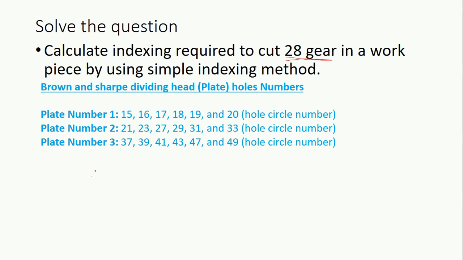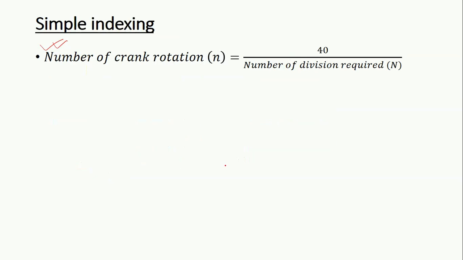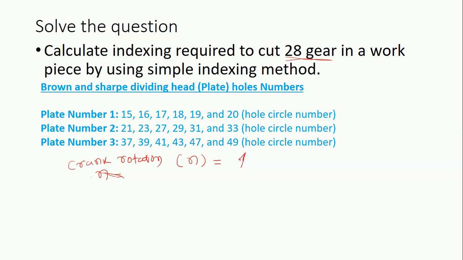That means, according to the last formula, the number of rotations of the crank, small n, is equal to, as written earlier, 40 divided by the number of divisions required.